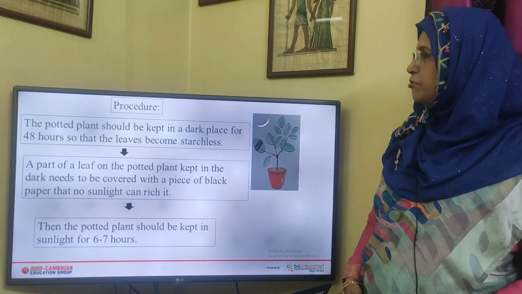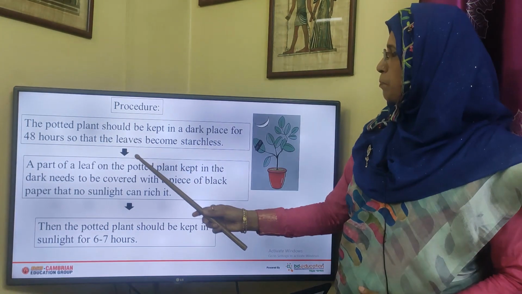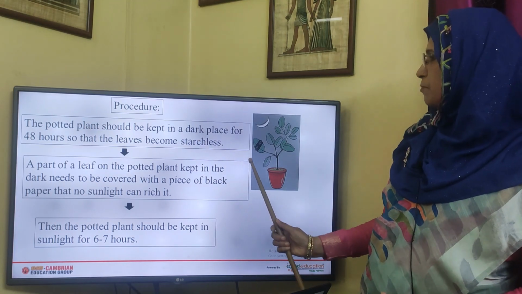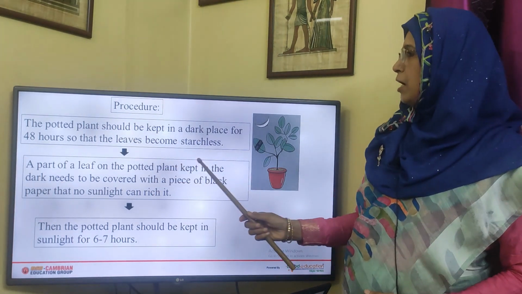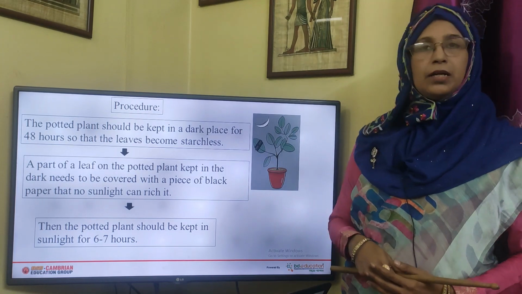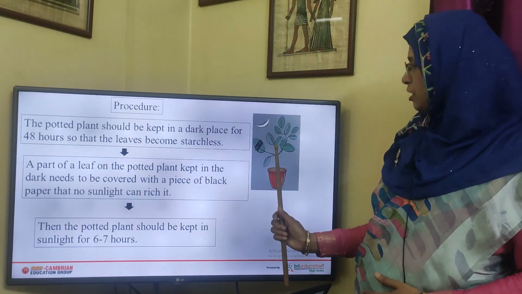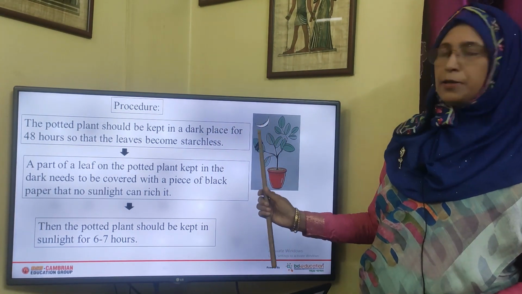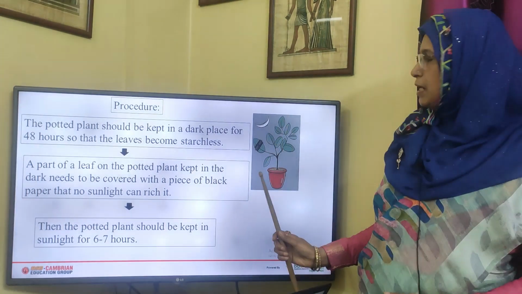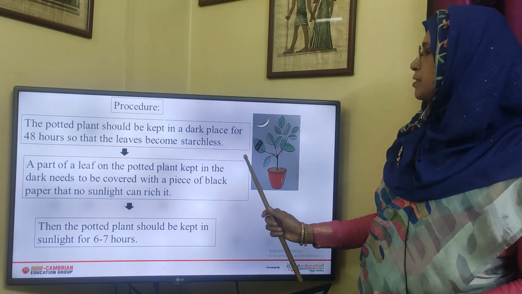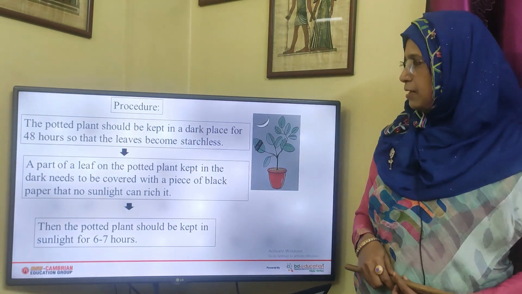So what is the procedure? First, the potted plant should be kept in a dark place for 48 hours so the leaves become starchless. That means when the plant is kept in a dark place, due to lack of sunlight, the leaves become starchless.